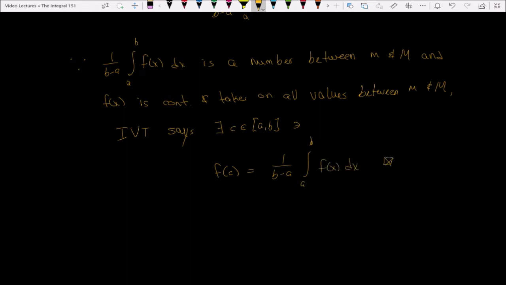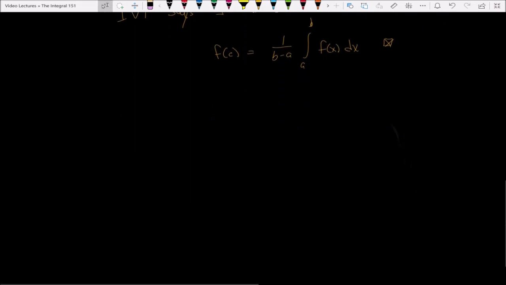That is what we wanted to prove, so we've now established the mean value theorem for integrals. We can now introduce the fundamental theorem of calculus.